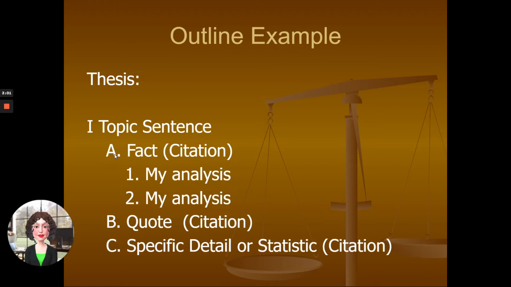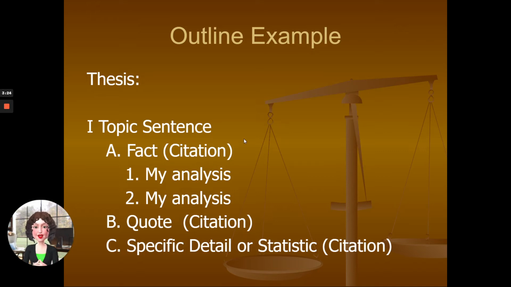Your first letter, capital letter A, should be a fact or a quote or a specific detail from your source. That detail should be a quote or something that is not common knowledge from your source material.